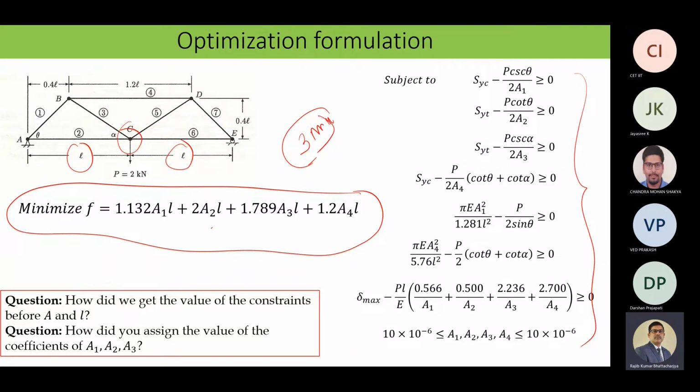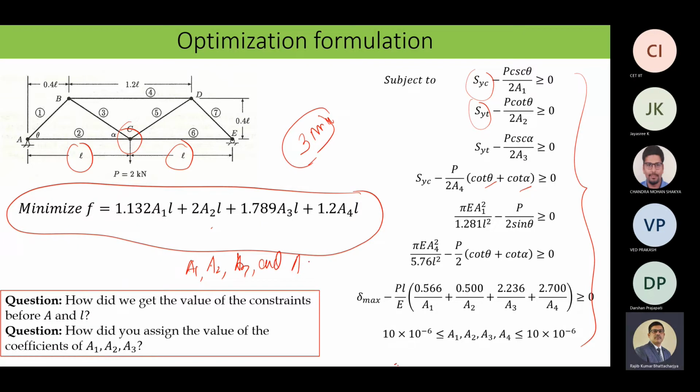Other values, such as the load value and everything else, you will get, as well as the permissible stress in compression and tension. Everything will be supplied, and theta and alpha are also known. So the only unknowns here are A1, A2, A3, and A4.